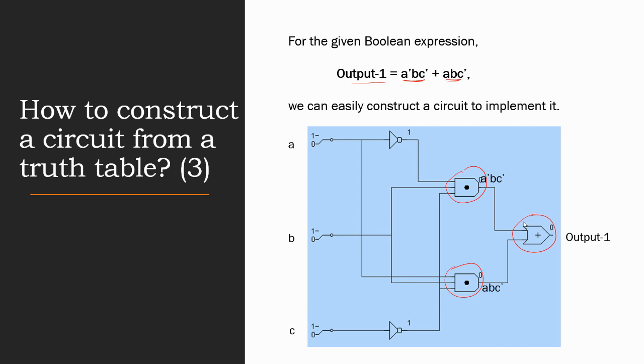First, we have inputs A, B, and C. The first group of inputs is not A, B, not C. So we need to invert A and invert C. The second group of inputs is A, B, not C. So we need to invert C only. Finally, we use an OR gate to combine the two groups of inputs. This circuit implements the Boolean expression for output 1 part of the truth table.